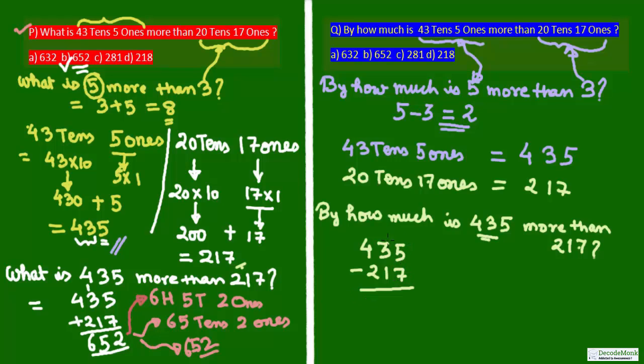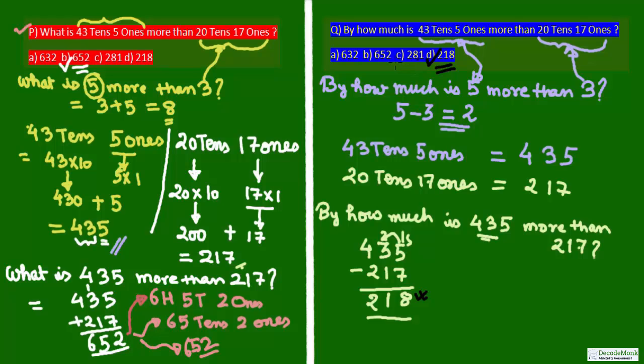So here when you subtract, you carry, 15 minus 7 is 8, 2 remaining, 2 minus 1 is 1, and 4 minus 2 is 2. So now here you see, my friends, the answer would be option D, that is 218. So here you see the options are the same in question Q as the options in question P, but the right option for question number P is B, that is 652, whereas for question number Q, the correct answer is option D, which is 218.